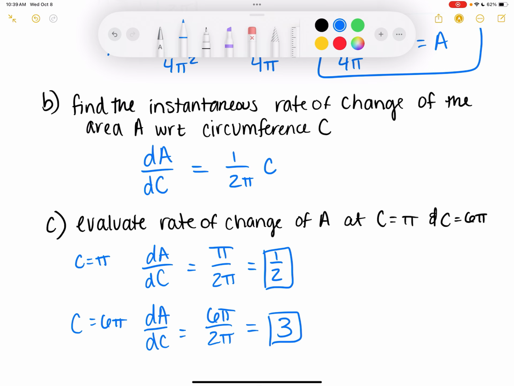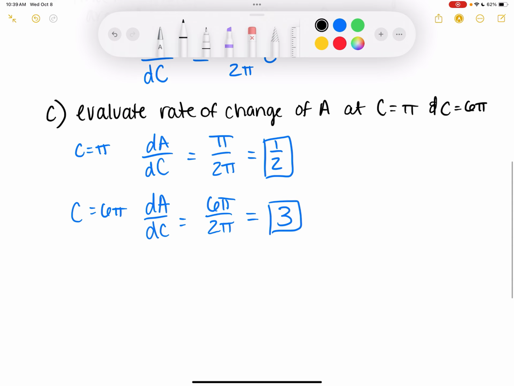So then the last part of this problem is basically giving us stuff about units. I'm not going to write out the whole thing on this one because it's just excessive. C is in inches and A is in inches squared.